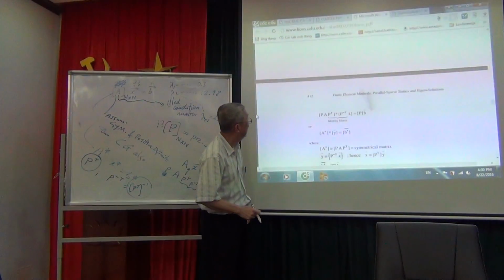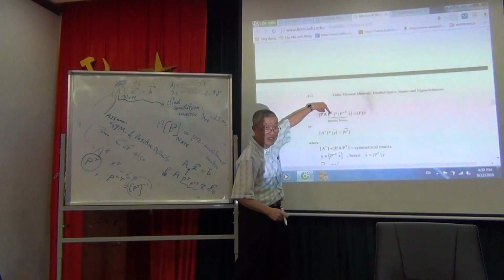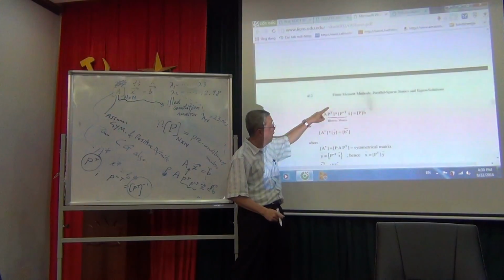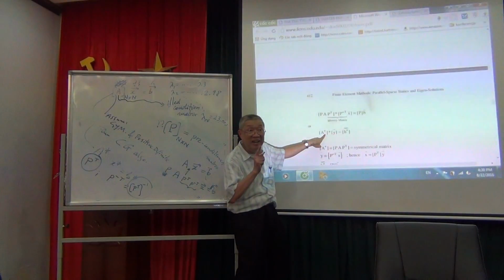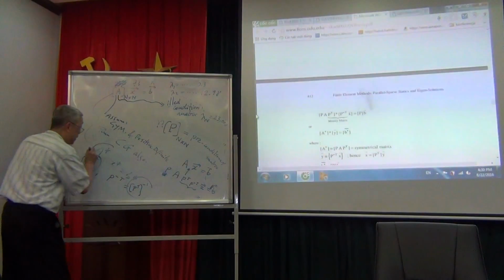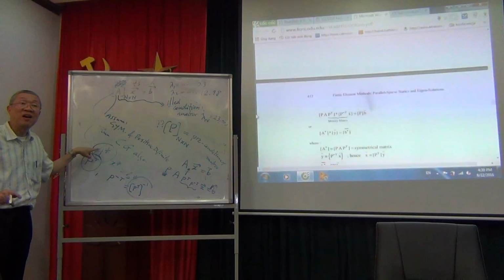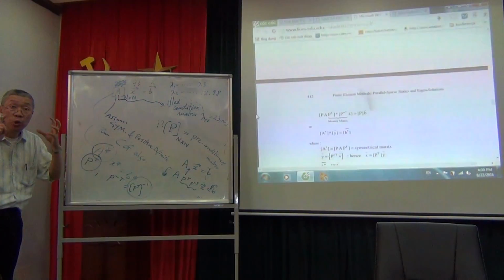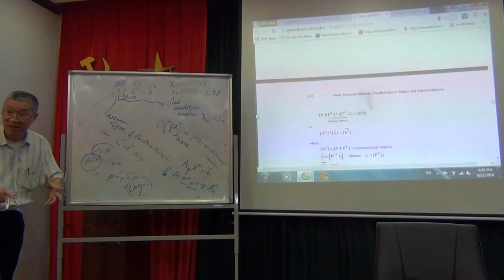So that's why I got this equation. Now let's say you see this triple product, P times A times P transpose. I call it the new matrix A star. Remember? We try to construct the matrix P in such a way that the matrix A star will have a good condition number. Remember?